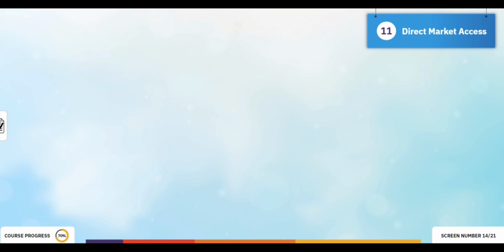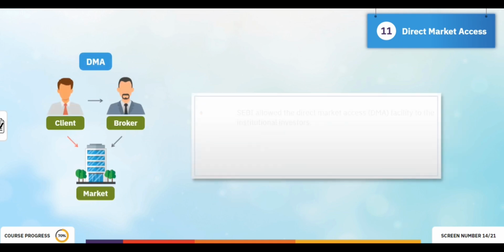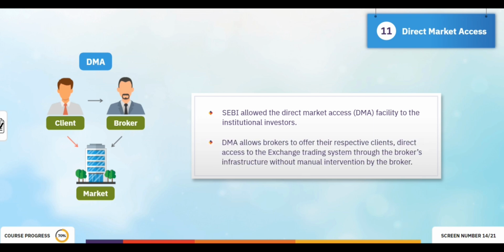Principal Reform Measure 11 is direct market access. In April 2008, SEBI allowed the direct market access facility to the institutional investors. DMA allows brokers to offer their respective clients direct access to the exchange trading system through the broker's infrastructure without manual intervention by the broker.